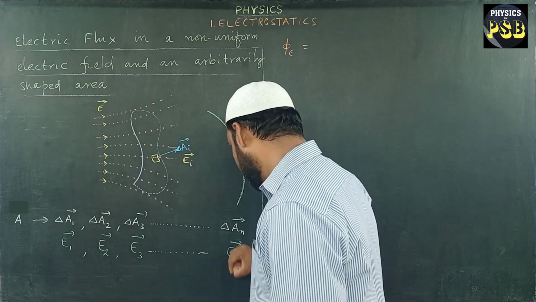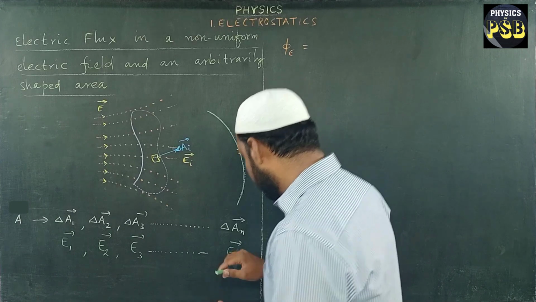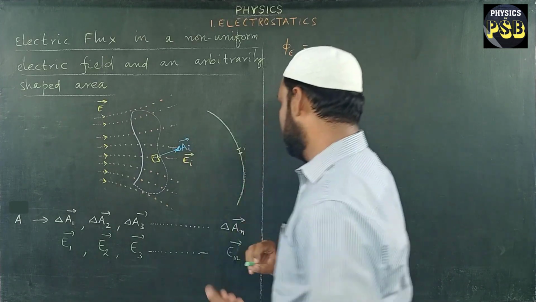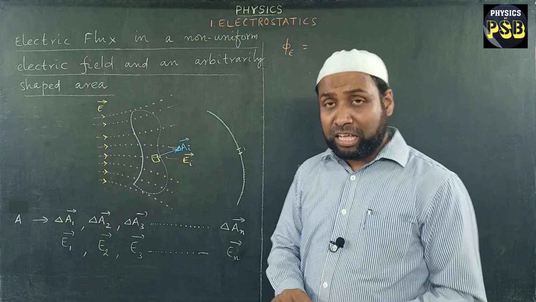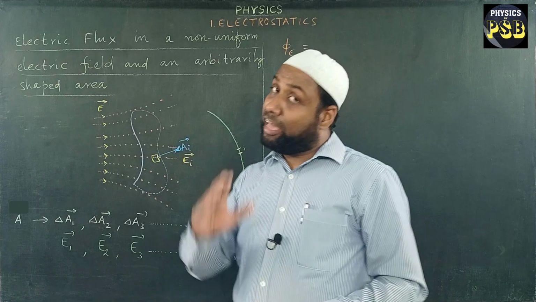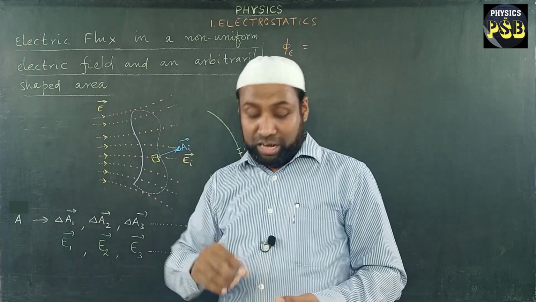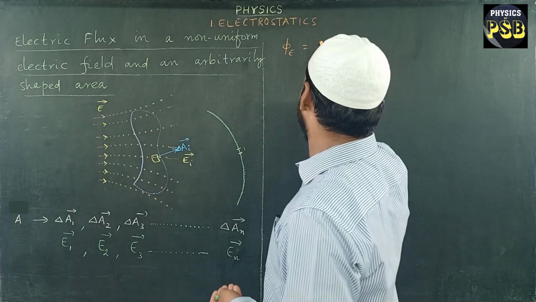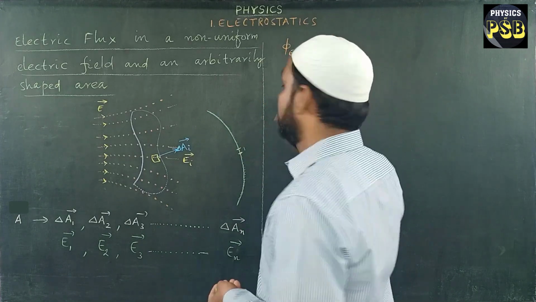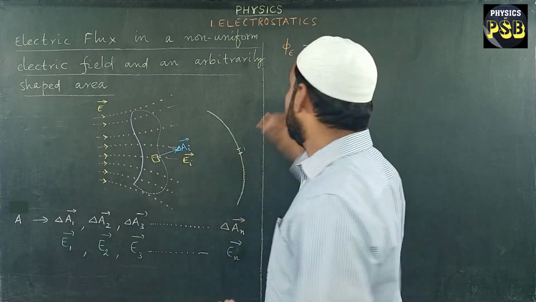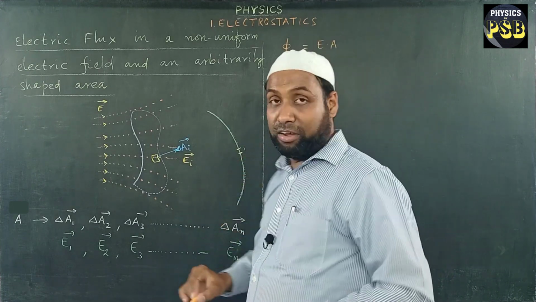When we multiply the area with the electric field, we get the electric flux.